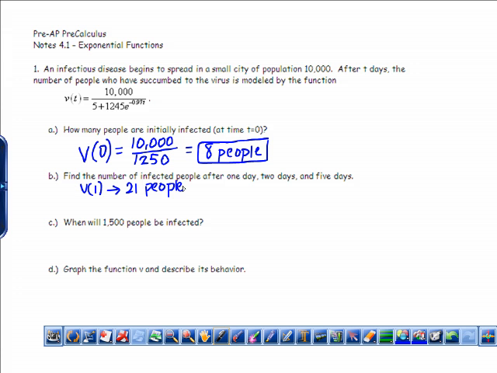You definitely don't want to leave it as a decimal. That doesn't make sense in the context of the problem, meaning our y value is the number of people. Our v of 2, the number of people who had the virus after 2 days, was 54 people. And then our v of 5 was 678 people.